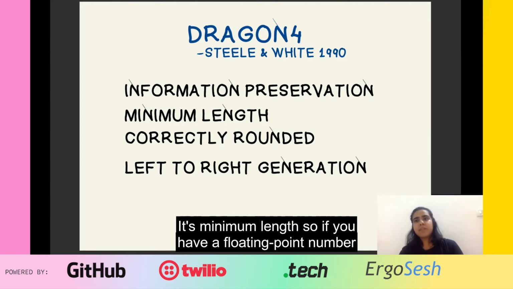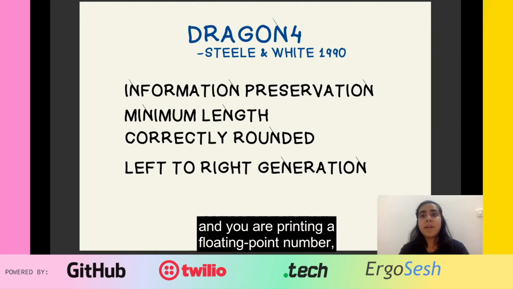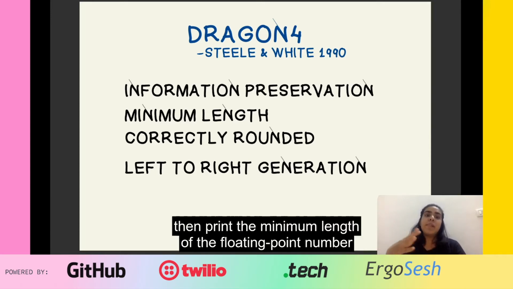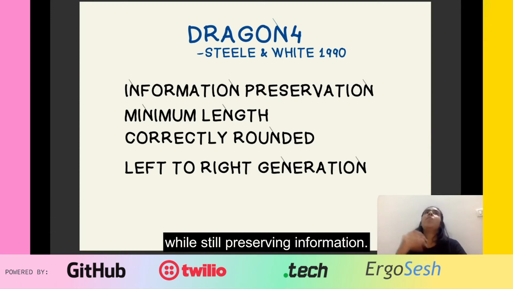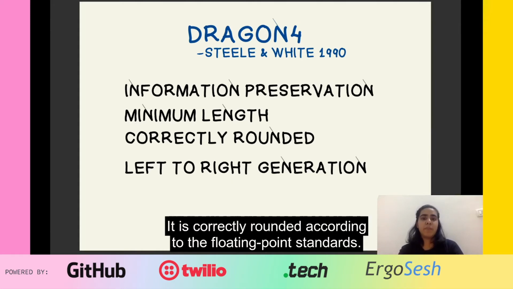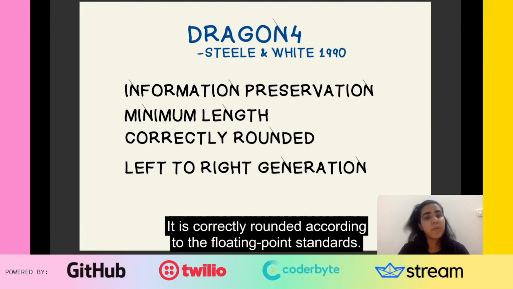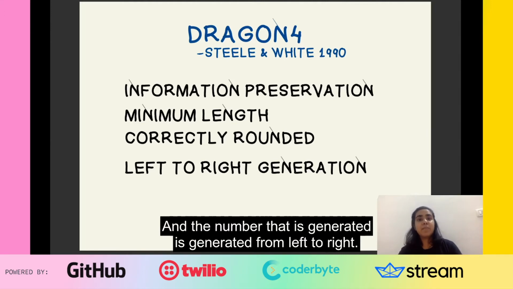Second, minimum length: print the minimum length of the number while still preserving information. Third, it's correctly rounded according to the floating point standards. And fourth, the number is generated from left to right.